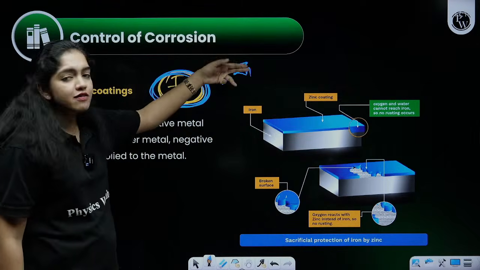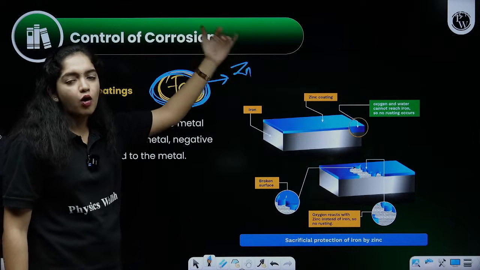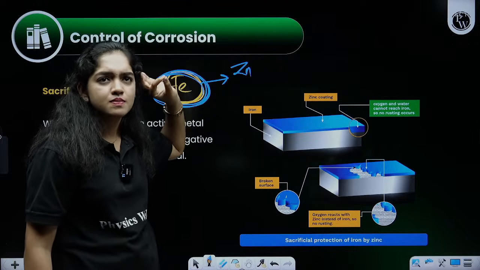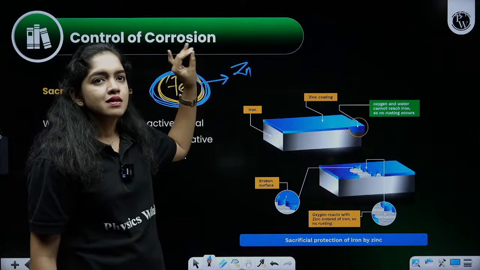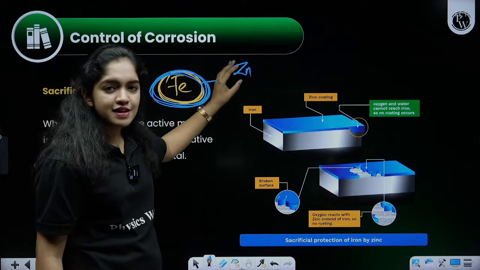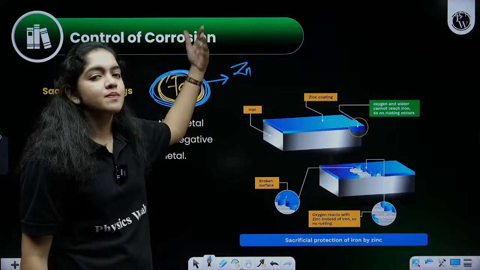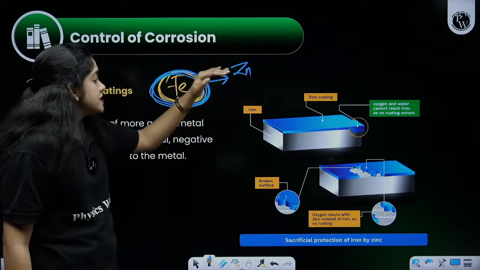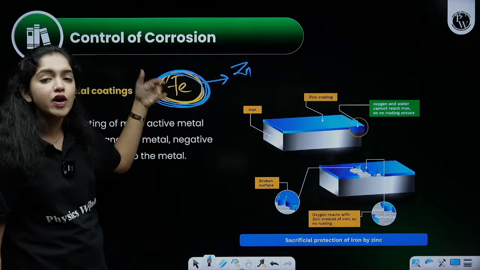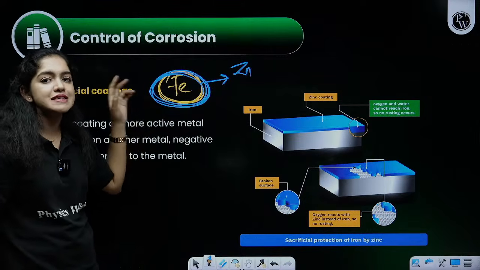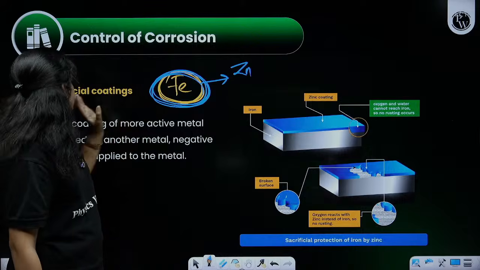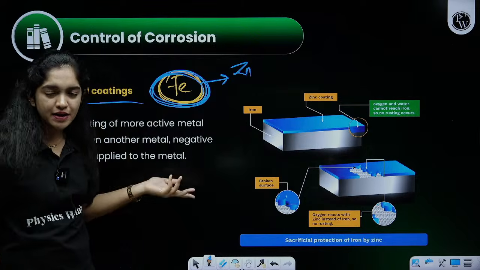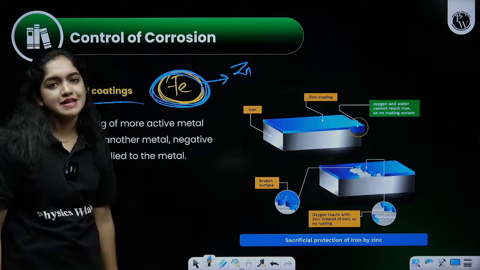So the zinc will react with the water, acid, the oxygen, everything. The zinc will react with the surrounding mediums, and it will undergo destruction. So we can save the iron from further reaction. That method is known as coating, similar to electroplating, that is galvanization.